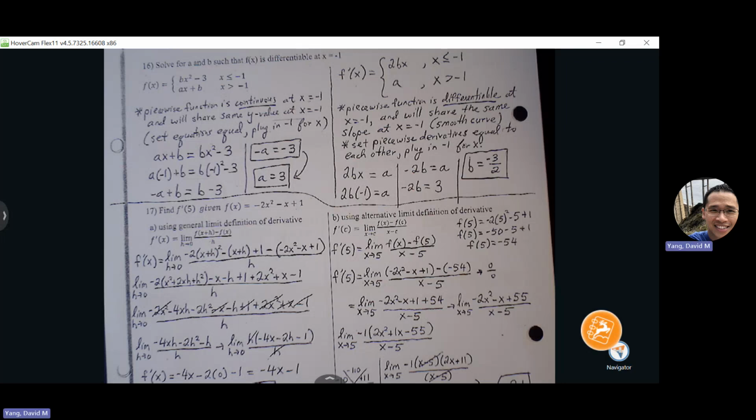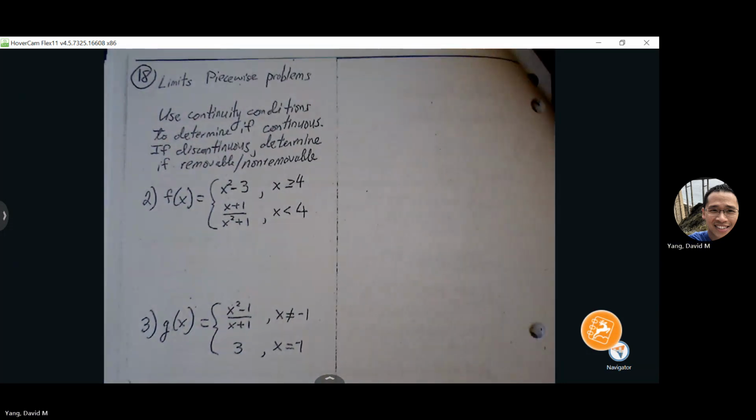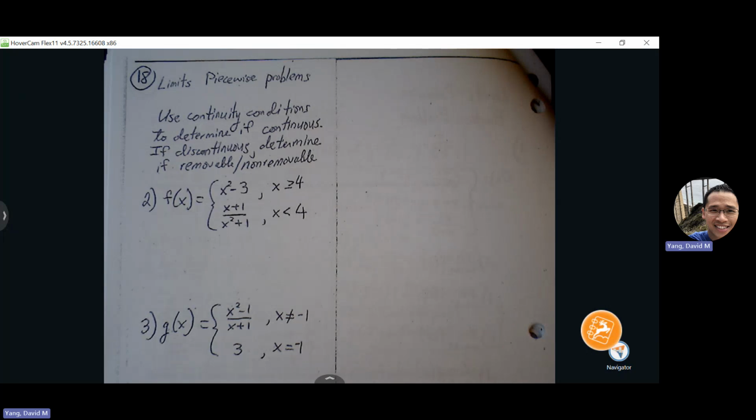Page 20, sorry, page 18. Let's try 2 and 3 here, page 18. We're just going to step through our continuity conditions.